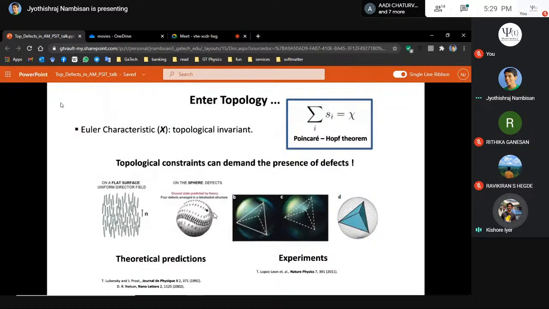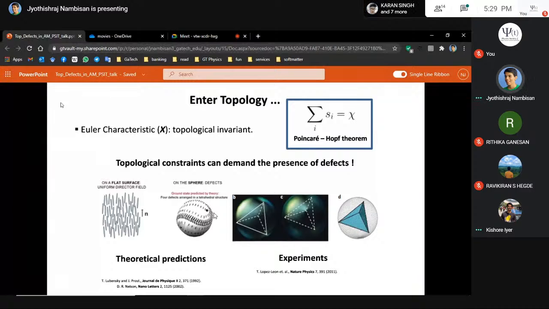But if you are trying to wrap graphene on a ball, which is your C60 buckyball, you cannot have the C60 buckyball with just hexagons. You need to have pentagons as well, which is your soccer ball, the football again.